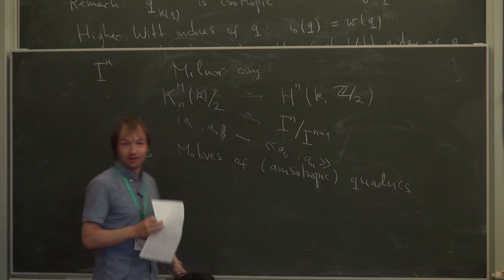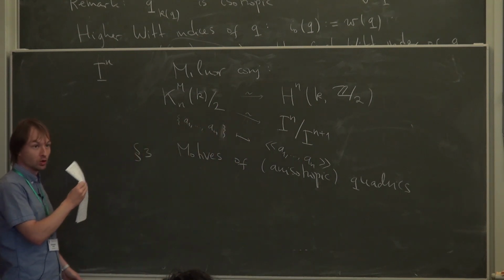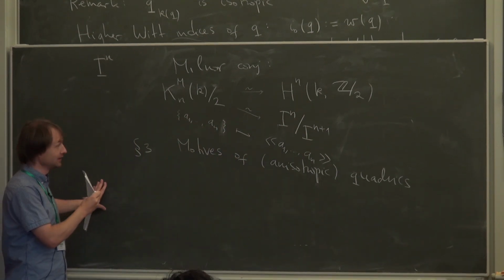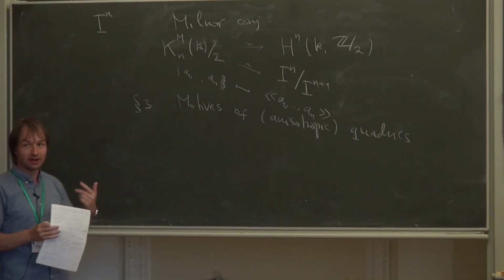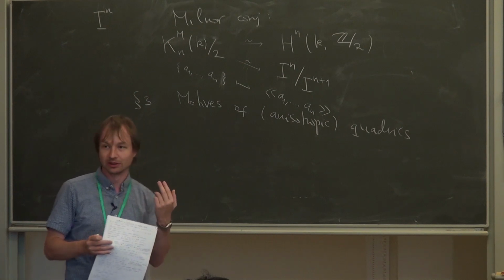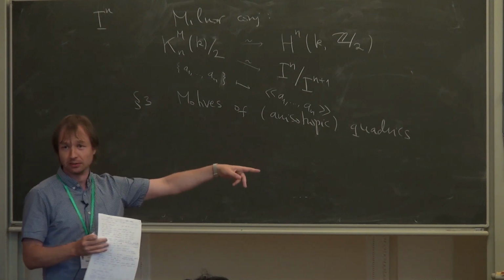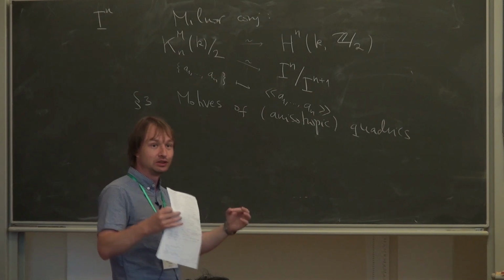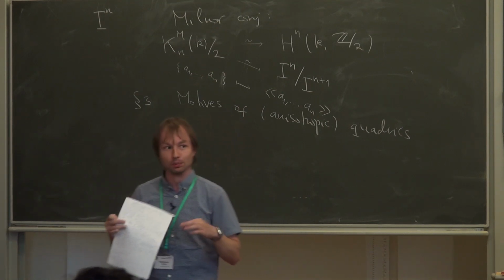Remember the example of Rost I gave you in the beginning. If your quadric is isotropic, if you can split this summand x0 times x1, it's the same as to split a hyperbolic plane, then we can always reduce to a subquadric Q prime.